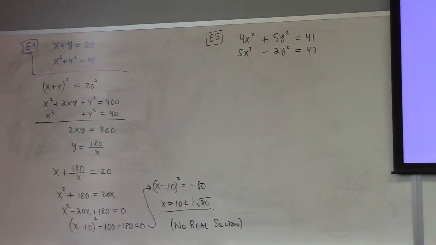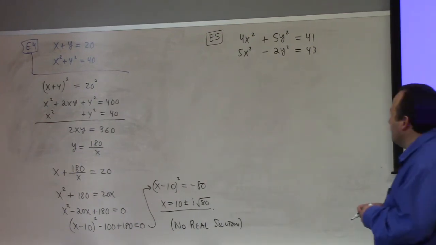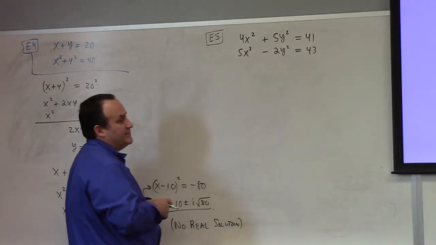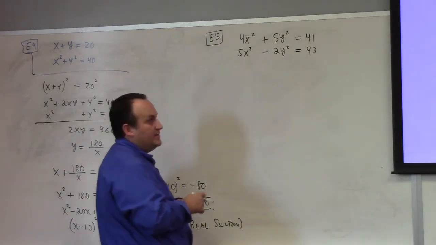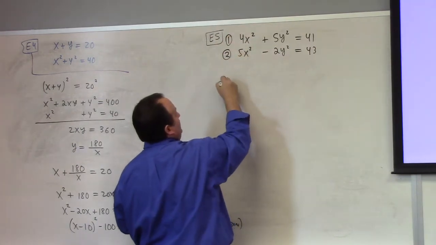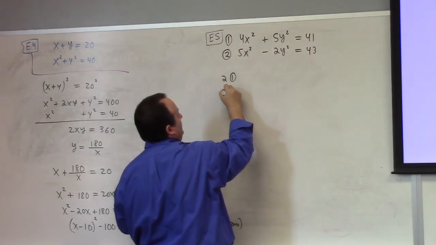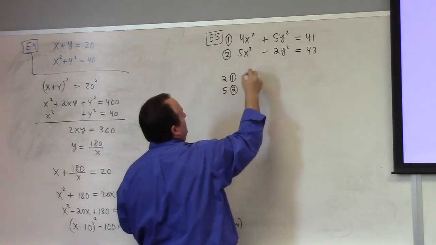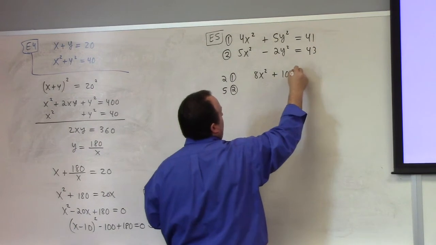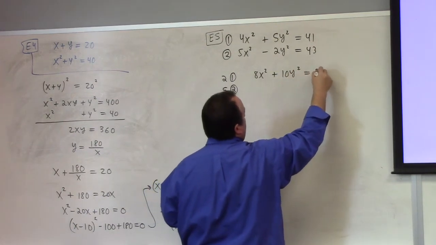All right. So what should I do? I want to get rid of the y squareds, right? So make the y squareds match up. So like if this is equation 1 and this is equation 2, we'll take 2 times equation 1 and we'll take 5 times equation 2. That'll give us 8x squared plus 10y squared equals 82.